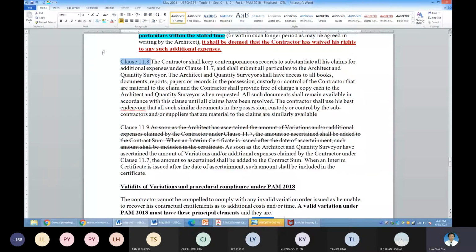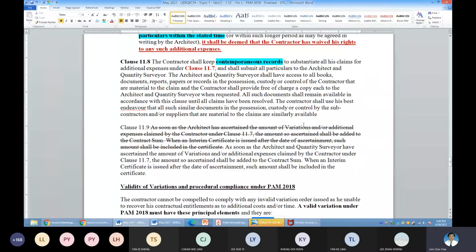If you want to claim for additional payment, this is related additional payment. Clause 11.7 is additional payment. So you must keep records. What type of record? This is a very important concept. Contemporaneous record. It means that the record must be timely.